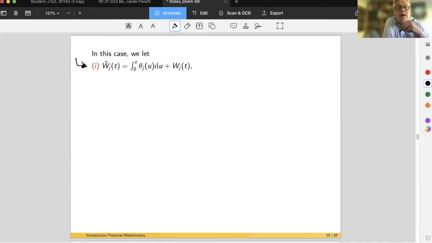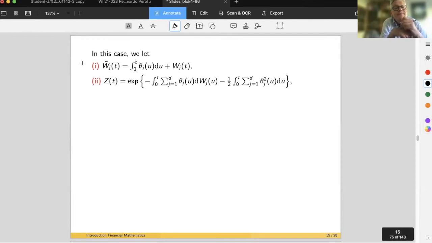So we need to have our Z process, Z(t), e to the power minus the integral from 0 to t, the sum j runs from 1 to d, theta j(u) dW j(u), minus 1/2 the integral from 0 to t, the sum j runs from 1 to d, theta j squared (u) du.